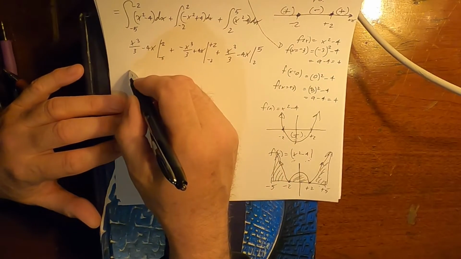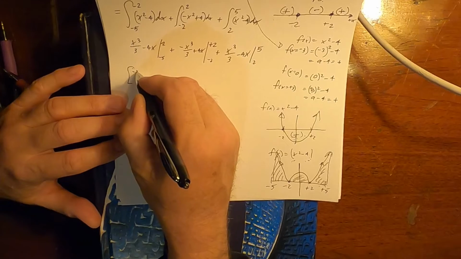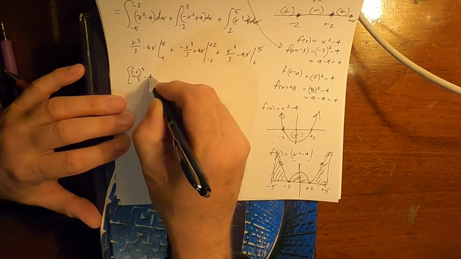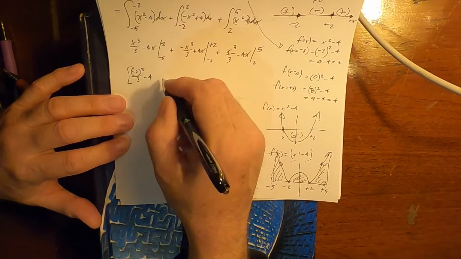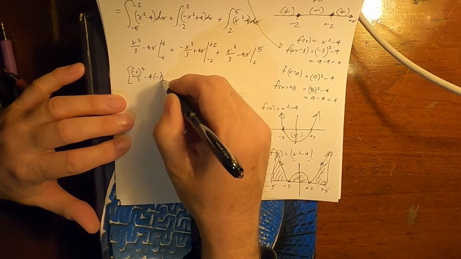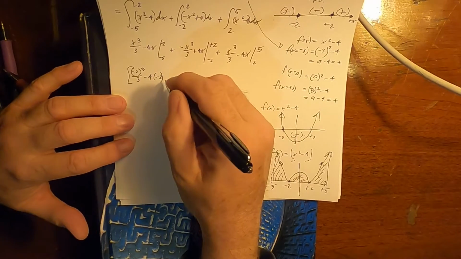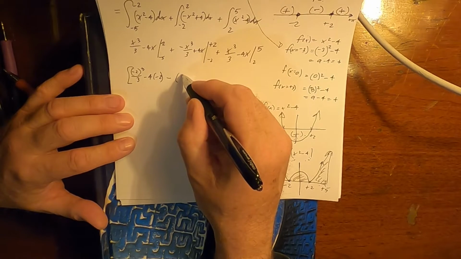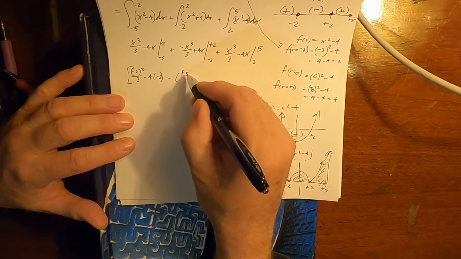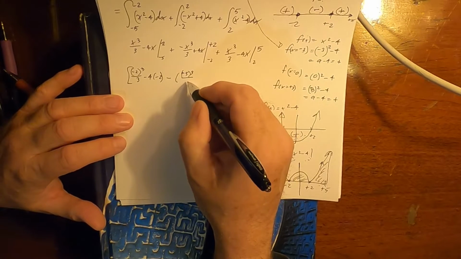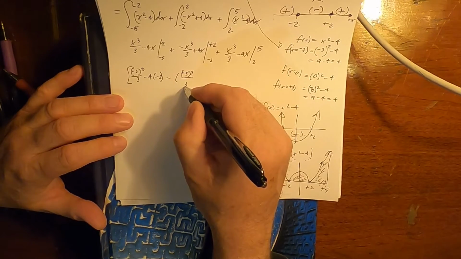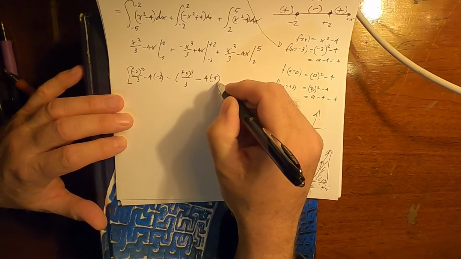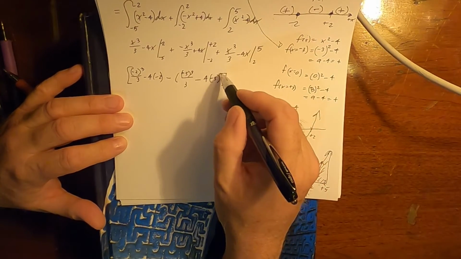I have the upper limit here: -2 to the third power over 3 minus 4 times -2, then minus -5 to the third power over 3 minus 4 times -5. Close that up.